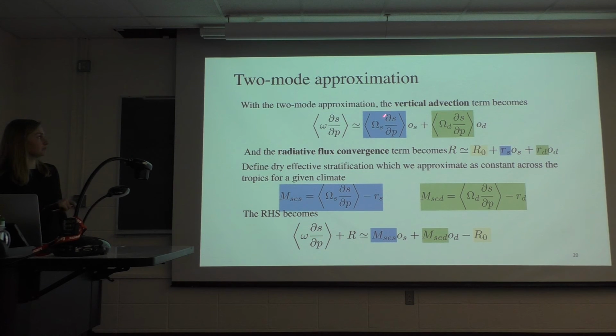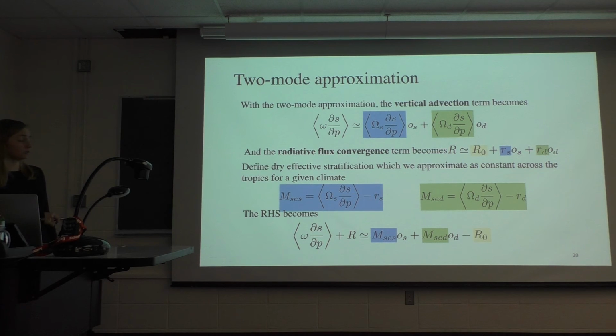Now we can see that when we've made this approximation, the vertical advection term has a coefficient in front of the shallow mode amplitude, and the radiation regression has a term in front of the shallow mode amplitude. We combine those to get this dry stratification term for the shallow part of the atmosphere, and similarly for the terms that are in front of the deep mode amplitude.